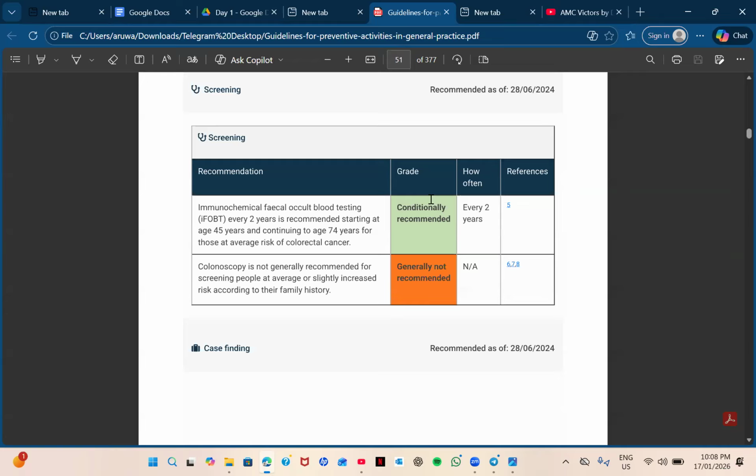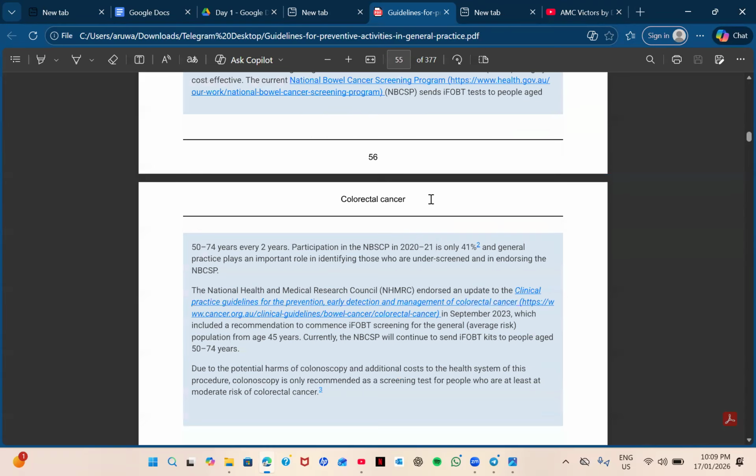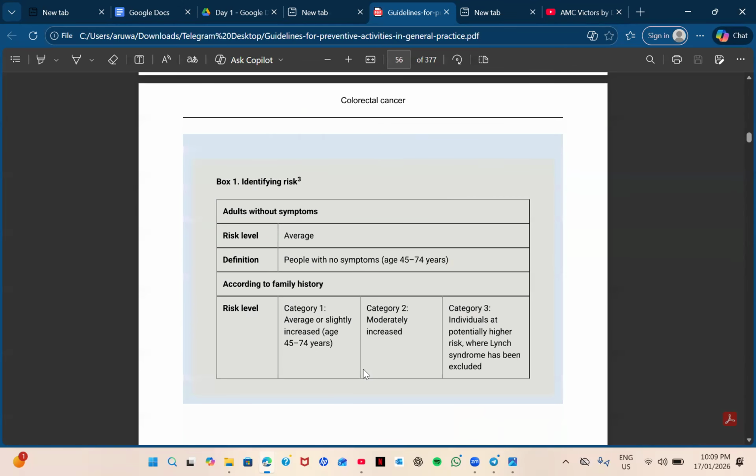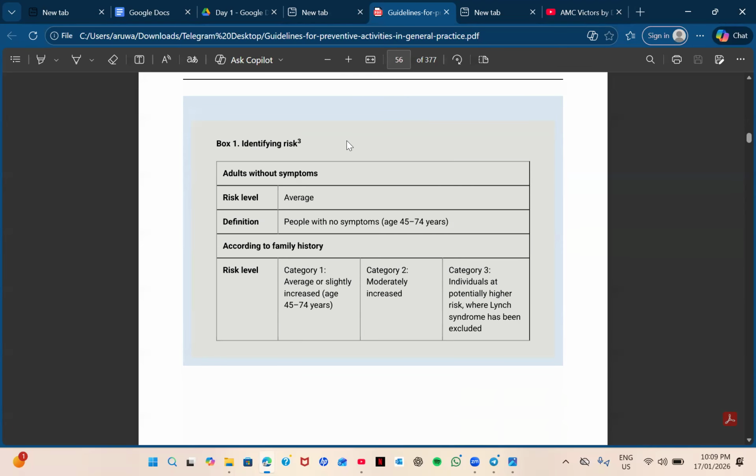In each cancer's screening category, first we have to divide these asymptomatic people into categories according to their risk. Here you can see average risk, moderate risk, and higher risk. First we identify the risk, then according to the risk factor, we decide what to do.